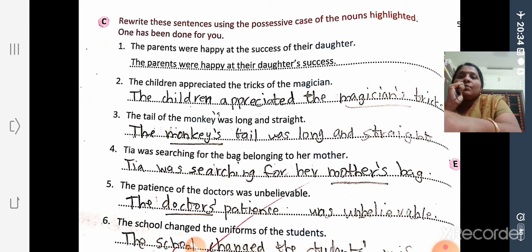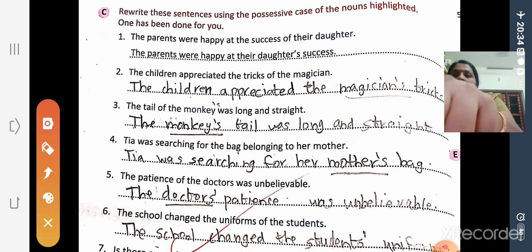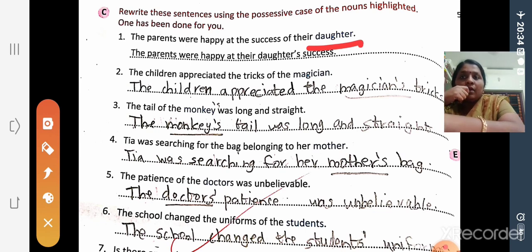The parents were happy at the success of their daughter. So the highlighted word, it is difficult to see here, is daughter. The parents were happy at the success of their daughter.